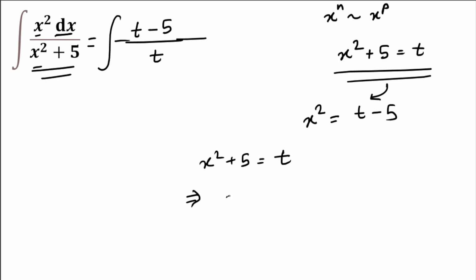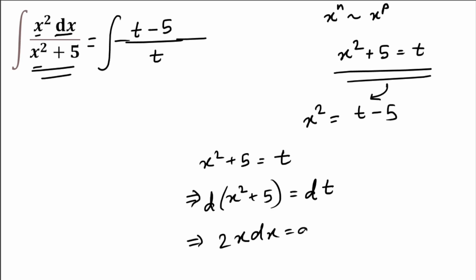If you take the d operator both ways, it will be dt. Now this is 2x dx, 2x dx equals dt. Now once you know this, what is 2x? From here we know that x equals under root t minus 5. Hopefully you have no confusion in this one.